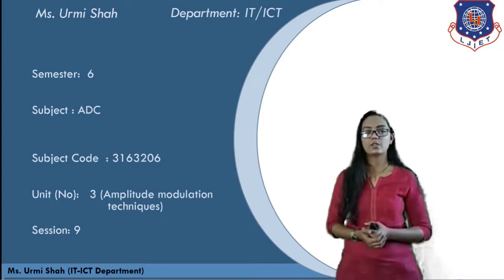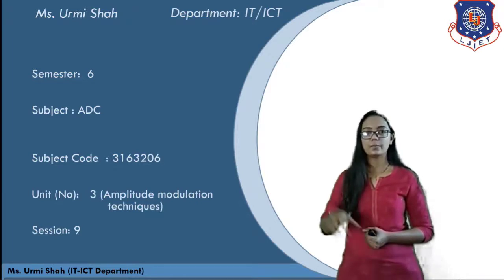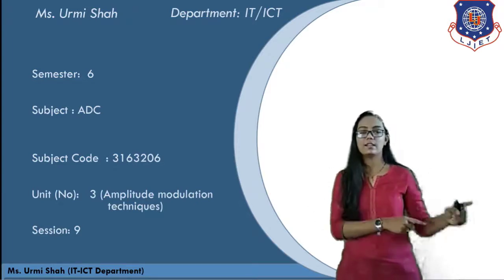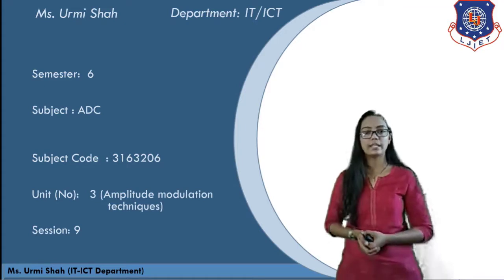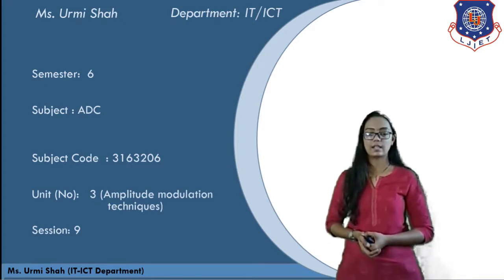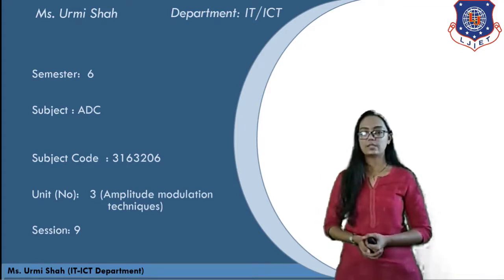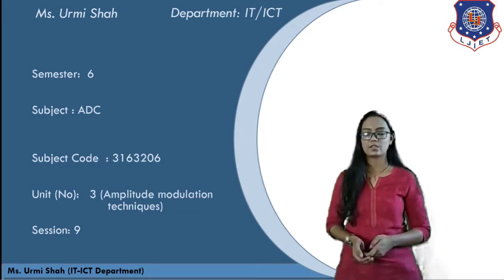That reproduction of the original message signal is known as demodulation. Once we perform modulation, at the other end we need to perform demodulation of the signal. That is what we are going to see in this session. So let's start.